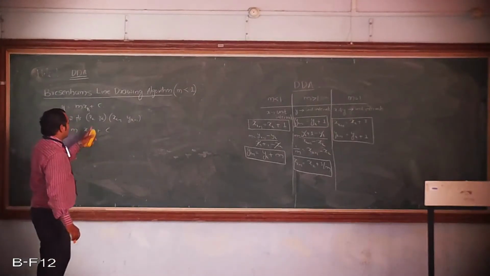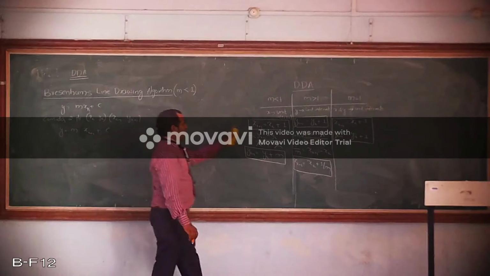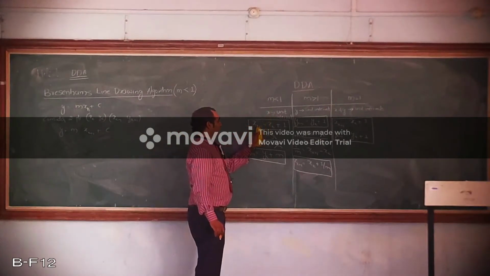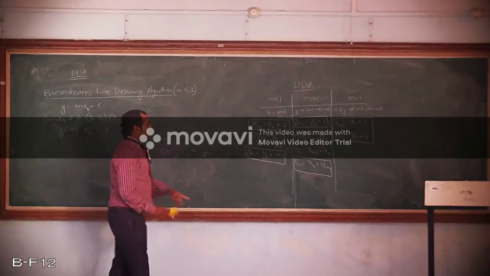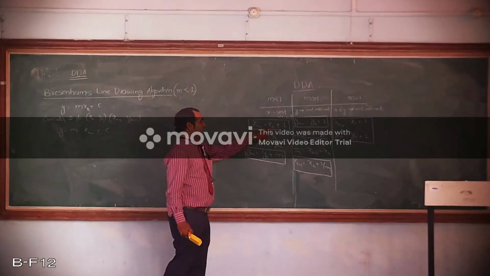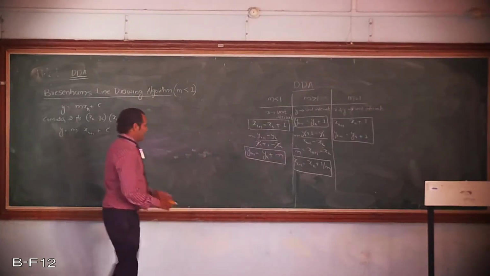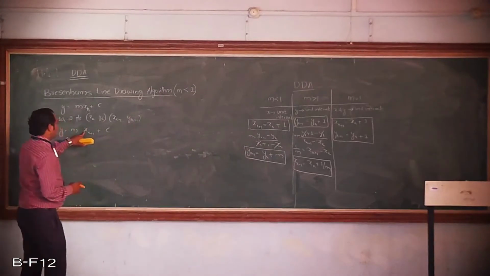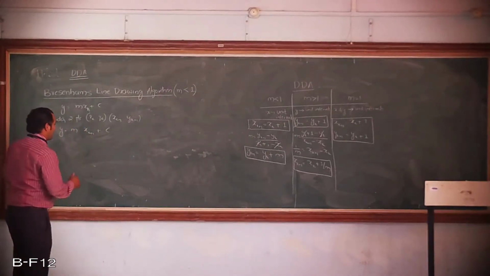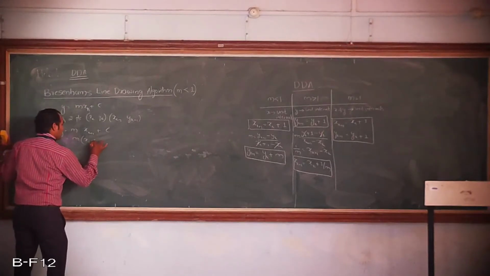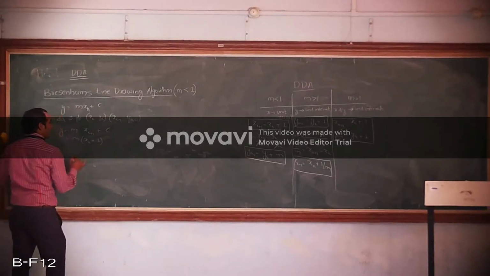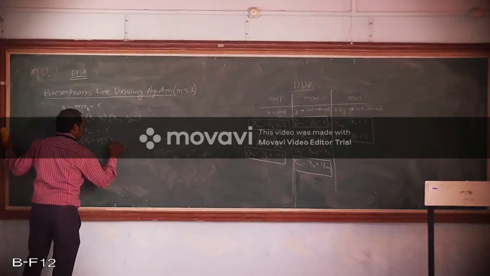Now here I am deriving it for slope less than 1. For slope less than 1, the next x coordinate will move in unit intervals. So I can substitute xk plus 1 as xk plus 1. Therefore, y equals m into xk plus 1, incremented by unity, plus c.